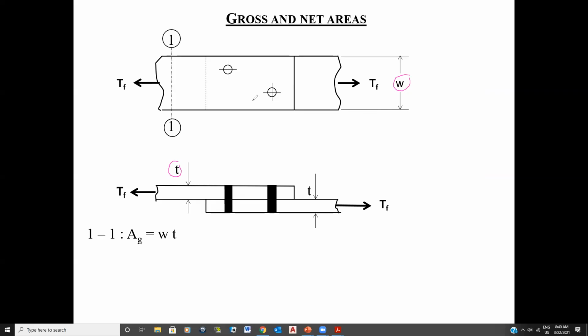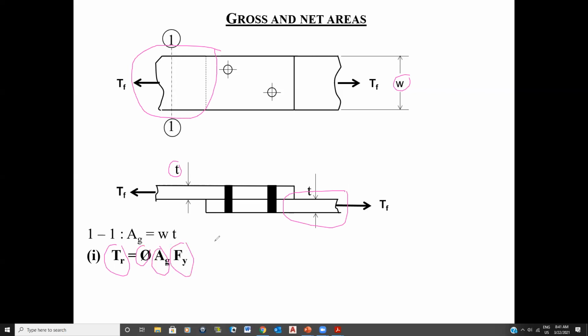Yes, sir. So whenever we're talking about gross cross-sectional area, we're talking about where there's no material removed in the member. So whether it's a plate, an angle, or a wide flange, AG is AG. Now, if I want to calculate the tensile resistance anywhere in here, or anywhere in here, that's all the same, the TR value would be equal to phi AG FY.